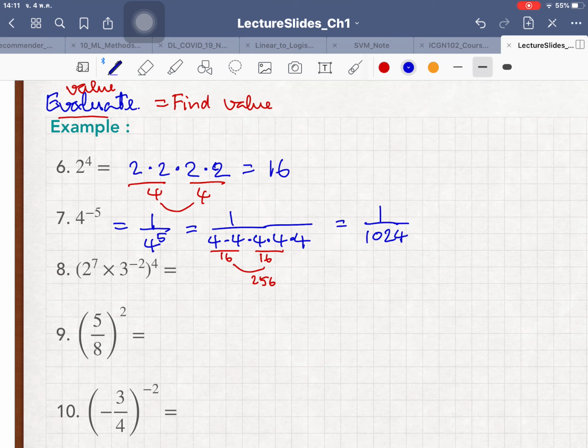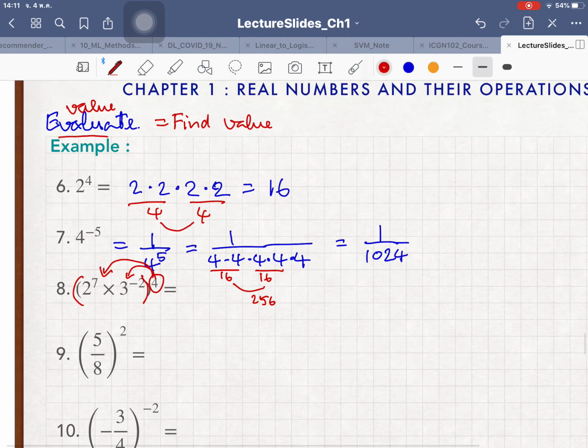For the next problem, you can see that you take this term, and then take the power 4 to the term. In this case, you can give the power 4 to each term inside the parentheses.